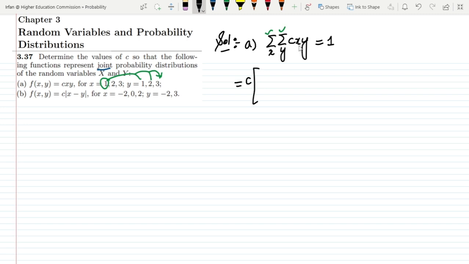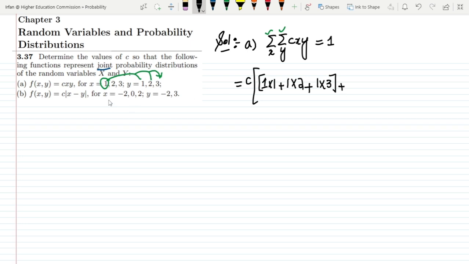Taking the first value of x, which is 1, and multiplying it with all values of y: 1 multiplied by 1, plus 1 multiplied by 2, plus 1 multiplied by 3. This is for the first value of x and all the values of y.